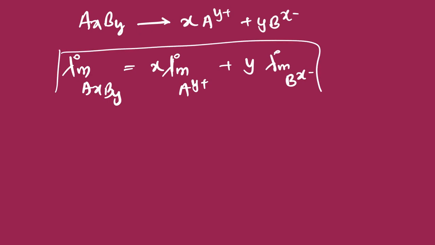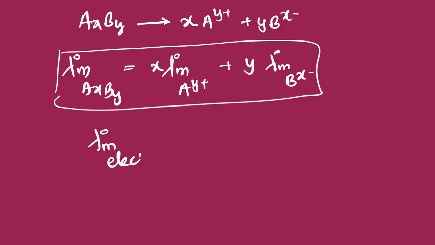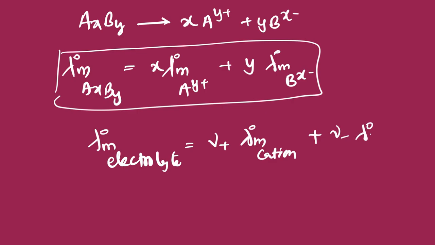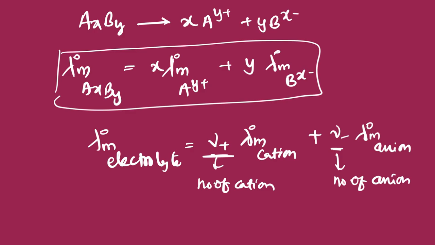This is the general formula, but in the textbook it is given as: limiting molar conductivity of an electrolyte is equal to mu plus lambda naught m cation plus mu minus lambda naught m anion, where mu plus and mu minus mean the number of cations and the number of anions. So according to this formula we can easily identify the number of cations and anions.